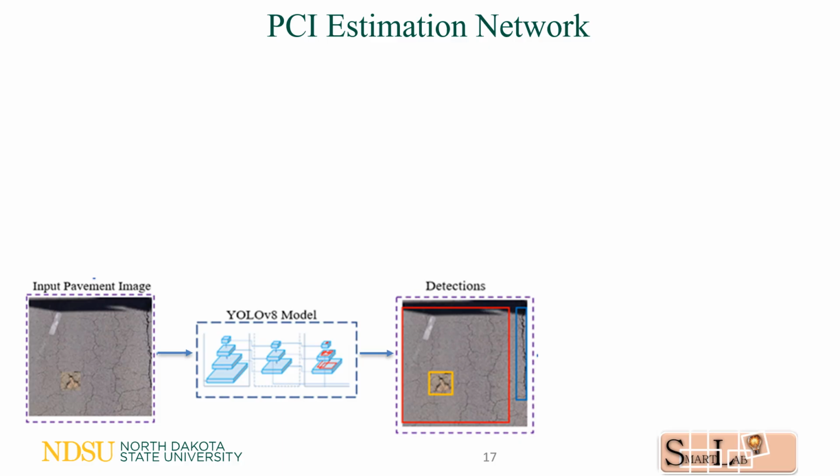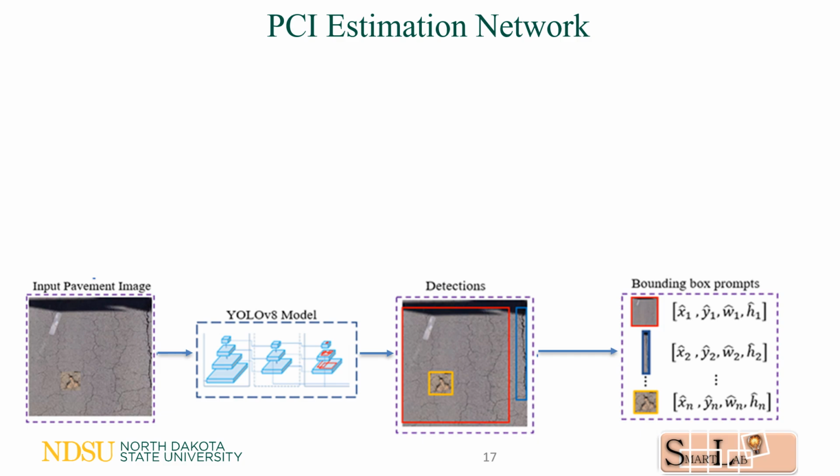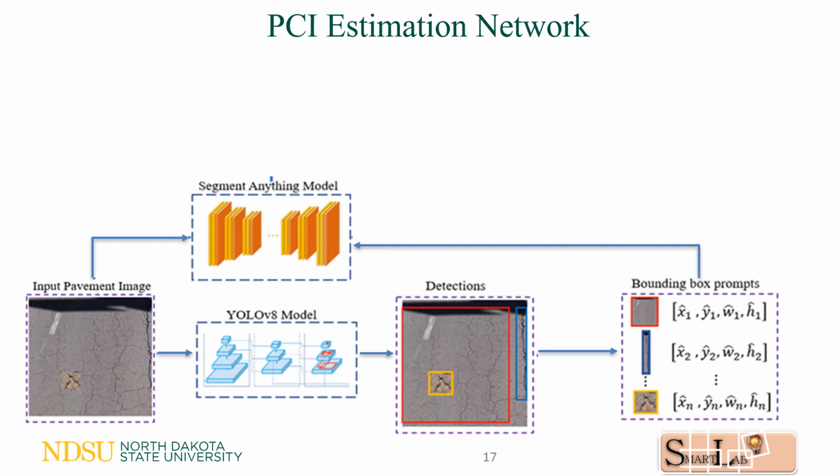Now once we are done, we extract the bounding boxes as prompts. So we get the bounding boxes of the different distress types in the image. So we pass the bounding box prompts and also the input pavement image to Segment Anything Model.